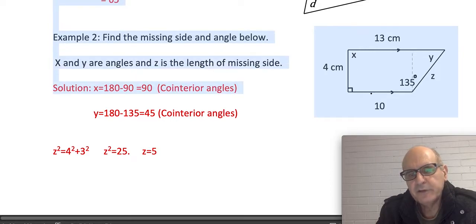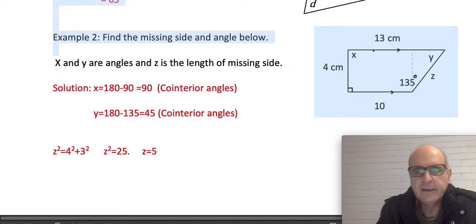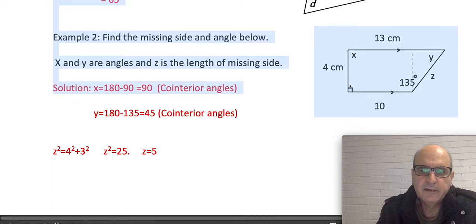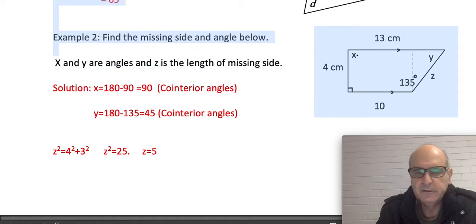Because opposite sides are parallel, and if you look, this makes a C shape, that means co-interior angles. These two are co-interior angles, this angle and this angle, they add up to 180. And because this is 90, x is 180 minus 90, which gives you 90.